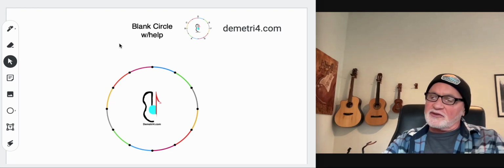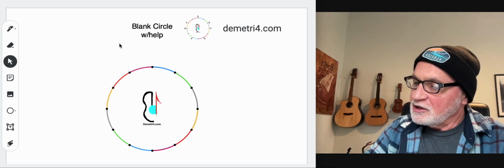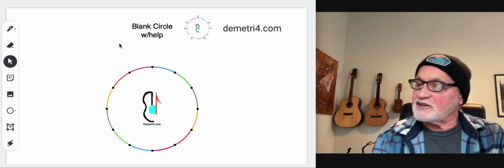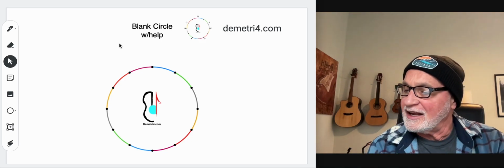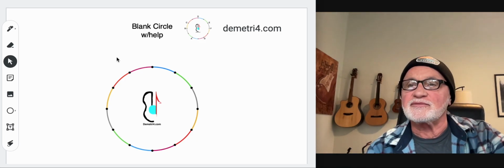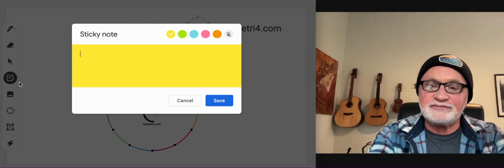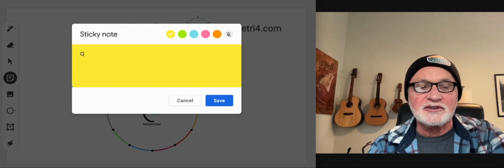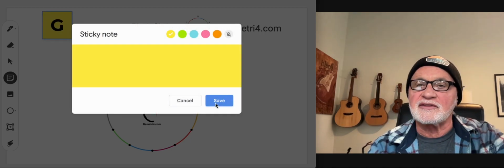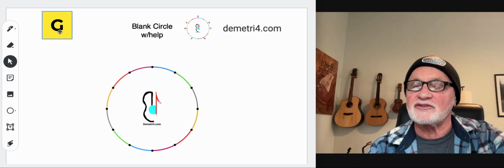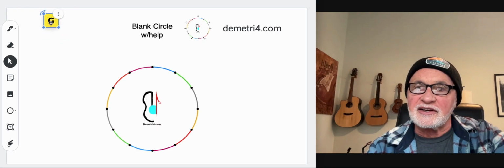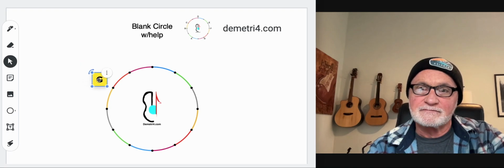So beginning with a blank circle in your workbook, place the letter G, tonic, because we're working a G major scale, at 10 o'clock. Okay, so I'm going to take a little post-it note, put a G, save that, and there we go. So now I have a G note, and I'm going to place that at 10 o'clock.